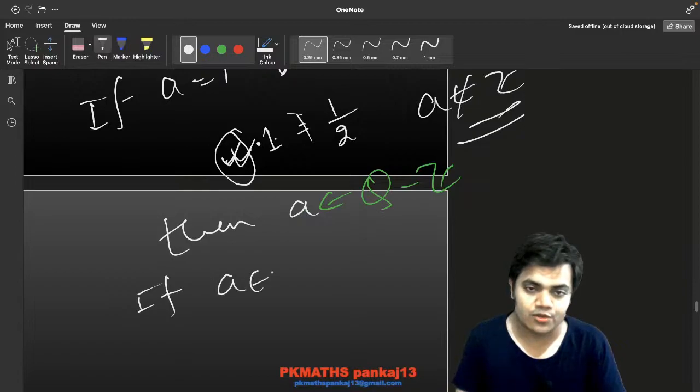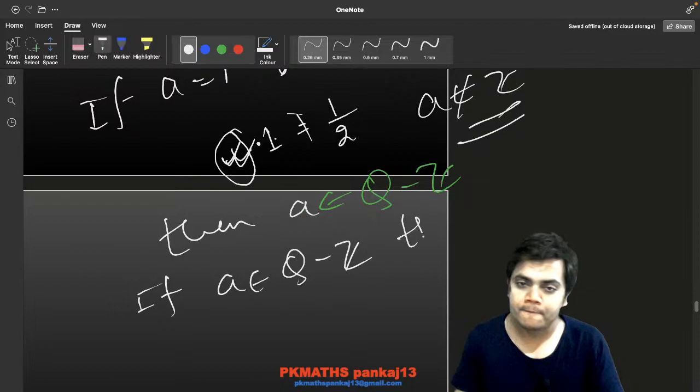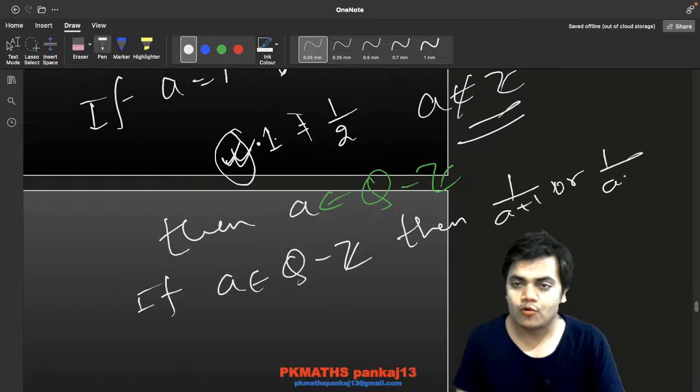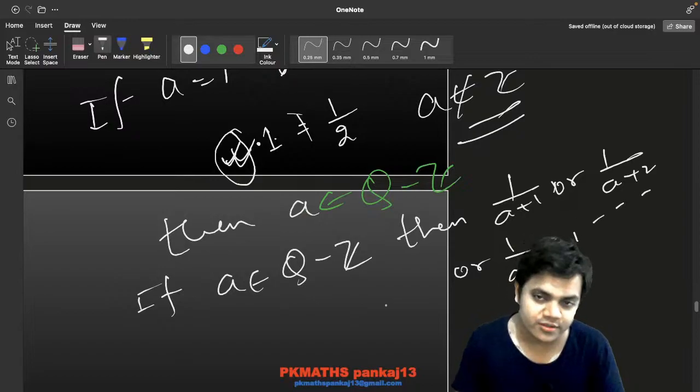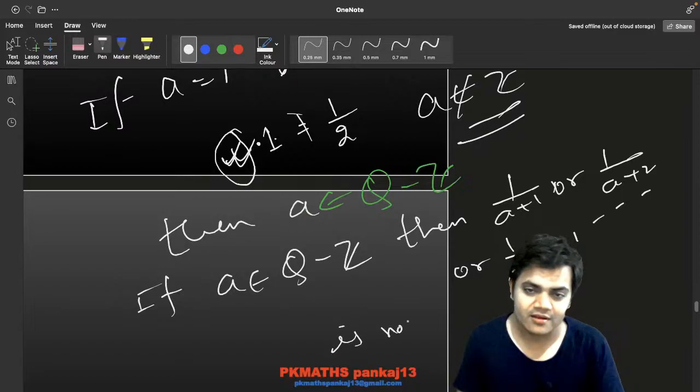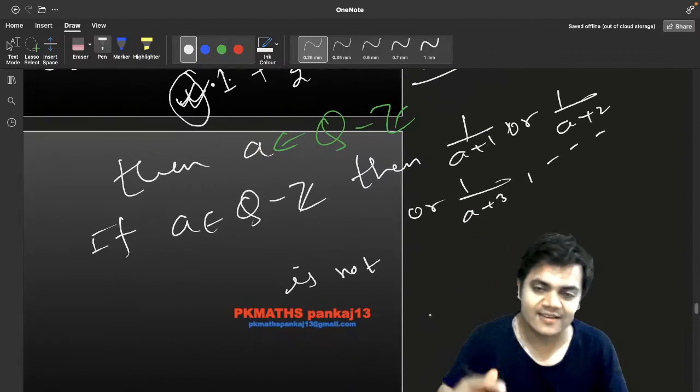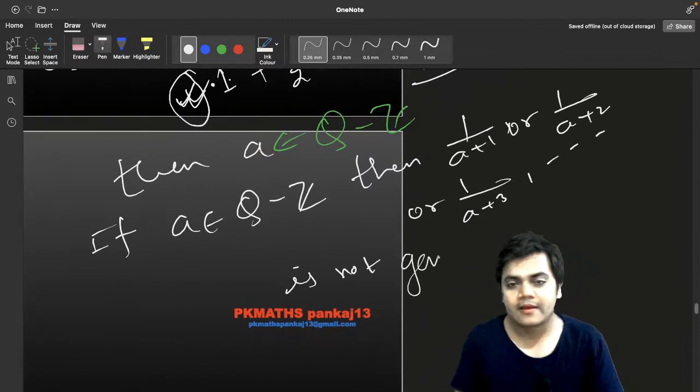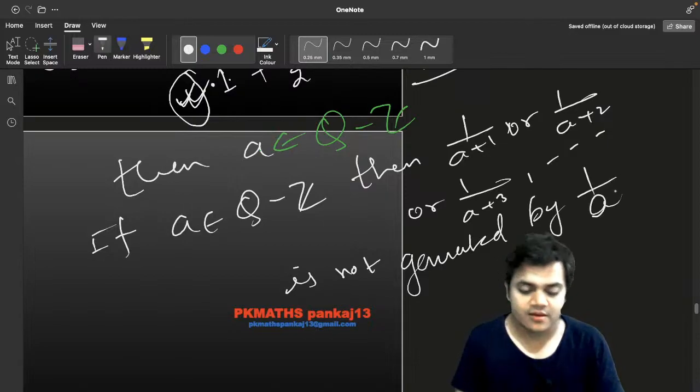If A belongs to the non-integral rationals, then 1 over (A plus 1), or 1 over (A plus 2), or 1 over (A plus 3) and so on, is not generated by 1 by A. Therefore, what is the conclusion?